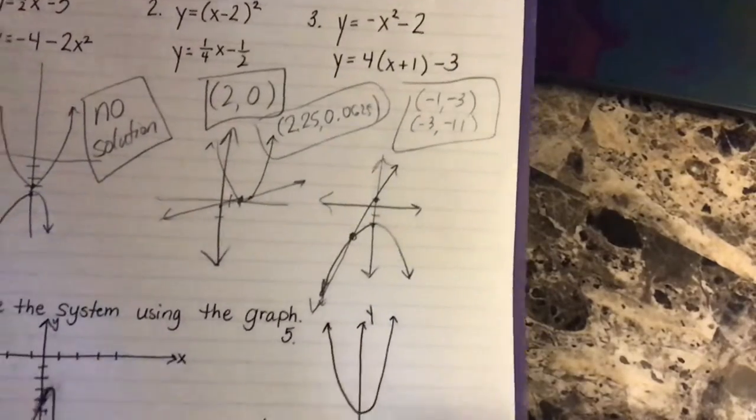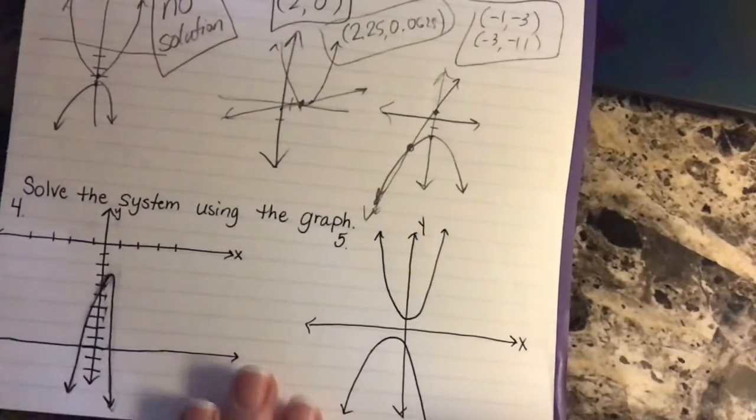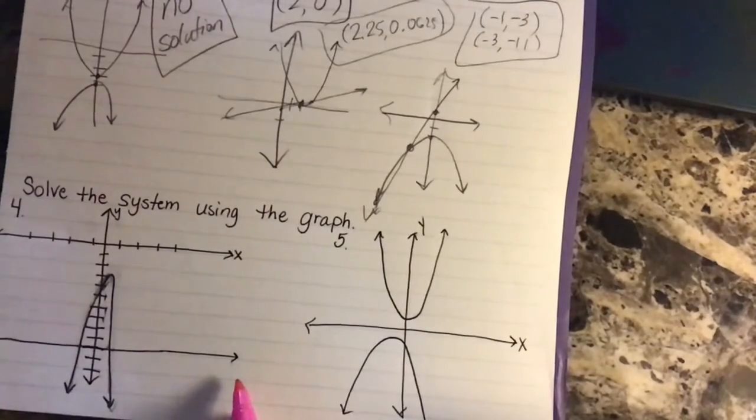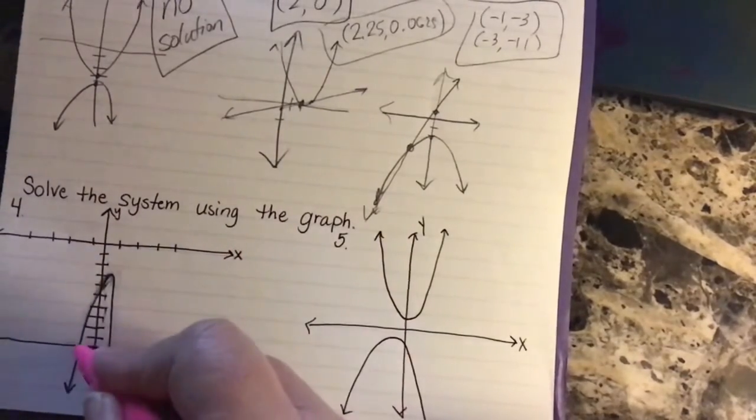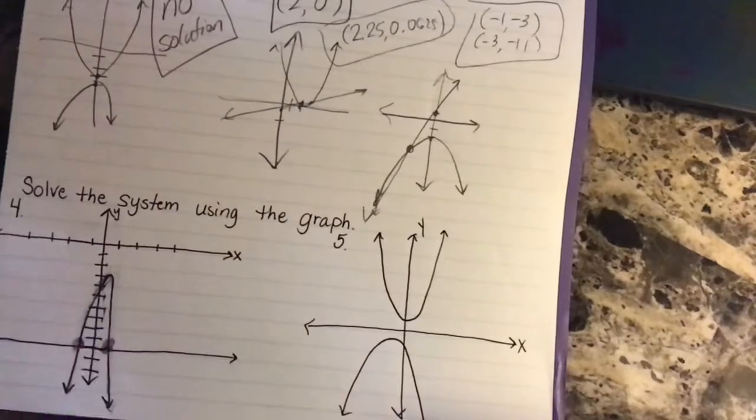Okay, then for my final two, these are easy because the graph's already given. So if you encounter these on any kind of standardized test, then you know the solution or solutions. How many times do that horizontal line, that constant function, and the parabola cross?